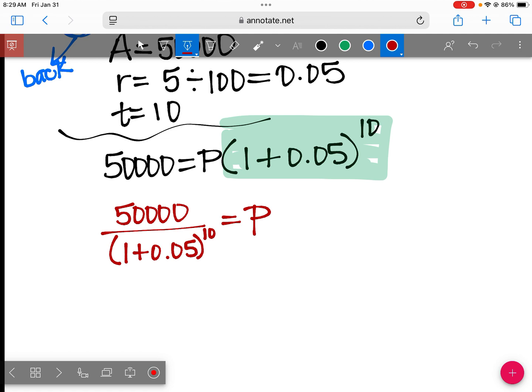It should be a number smaller than 50,000 because we're going backwards. So go ahead and type that in your calculator. Just like that, you're going to use the fraction button to see what you would get. Does anyone need help finding the fraction button? It says N over D.